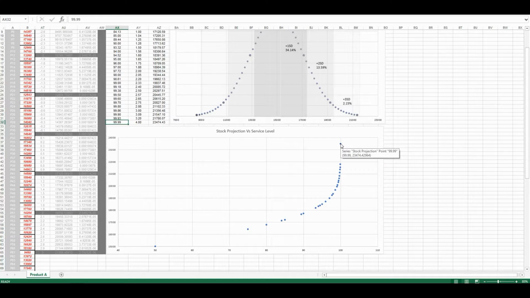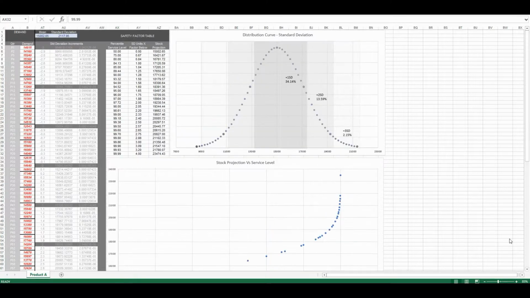This equates to an extra 27% of inventory to get less than 5% service level performance. So the question I always ask is, is that cost worth getting from this point to this point? Only you can answer that question.